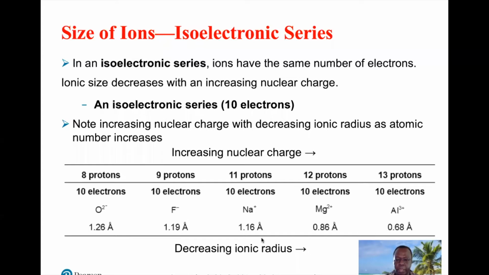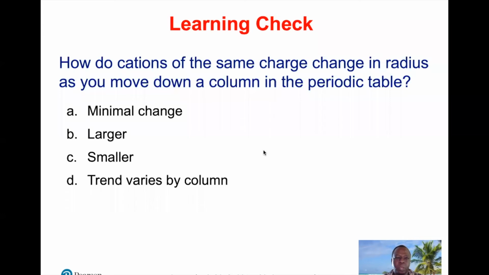I may give you an isoelectronic series and say arrange according to increase in ionic radius, arrange according to decrease in ionic radius, or which one of the following will have the largest or the smallest ionic radius. No matter what, you still use the same conclusion.